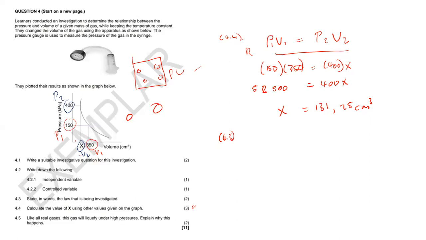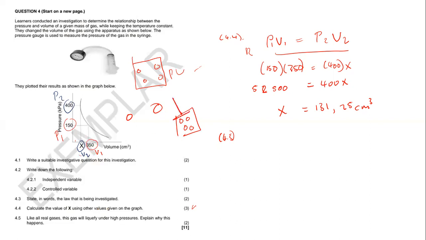Okay. So now, with the basics that I have just told you, 5.5, 4.5 says to us that like all real gases, the ones that have interaction, the ones that have volume, this gas will liquefy under high pressure. Because these particles have interaction and they're within a volume, it's a real gas.